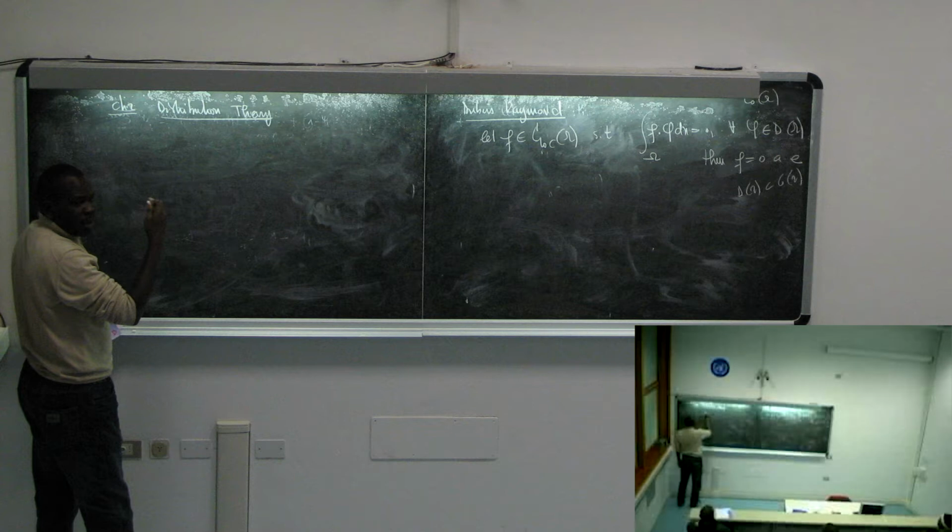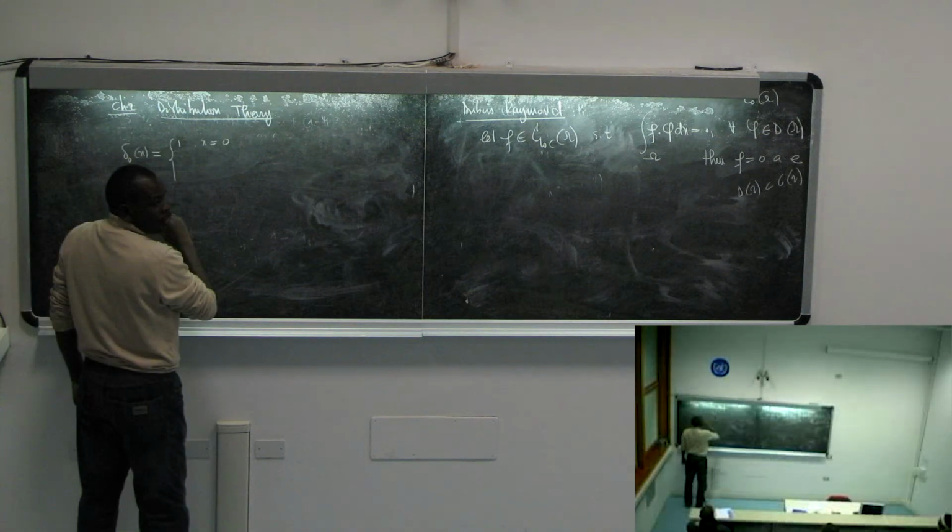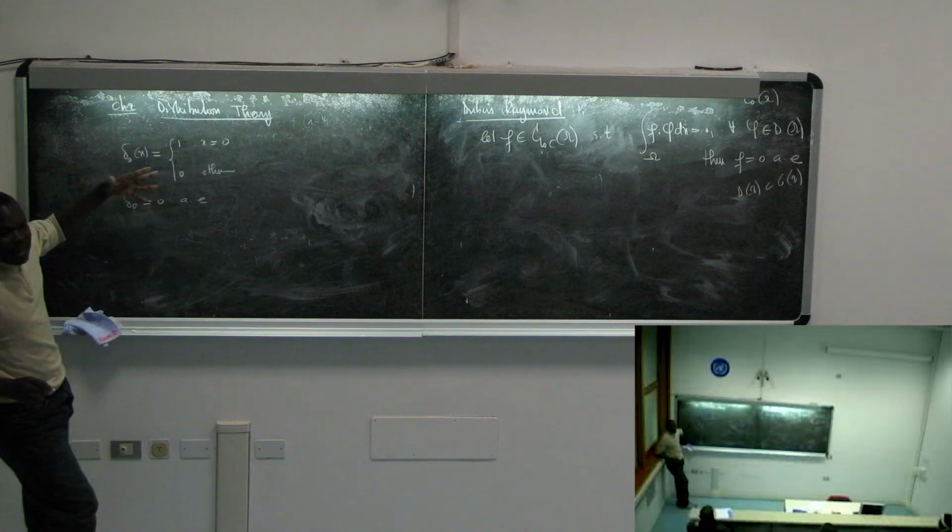You say this function is equal to 1 if x is equal to 0, and is equal to 0 otherwise. This function delta naught is equal to 0 almost everywhere, because it is equal to 0 except at 0.